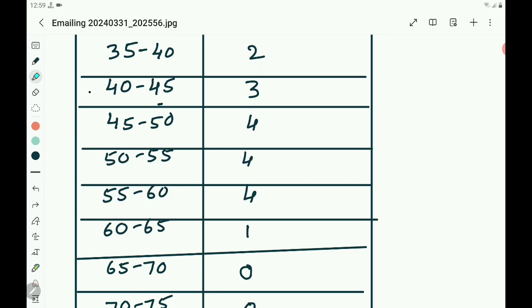Next, if you take this for the mode, then what happens? Here L becomes 45 plus F1 minus F2, which means 4 minus 3, 1, divided by 2 F1, which means 2 into 4, 8. Next, 8 minus 3 minus 4 means 7. 7 into 5.